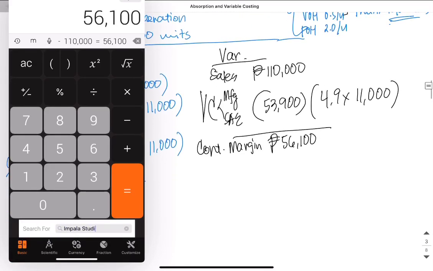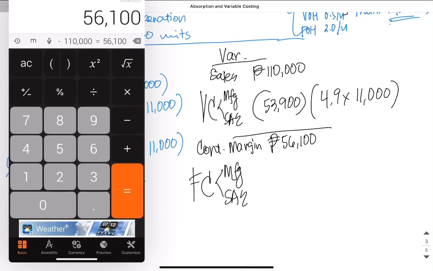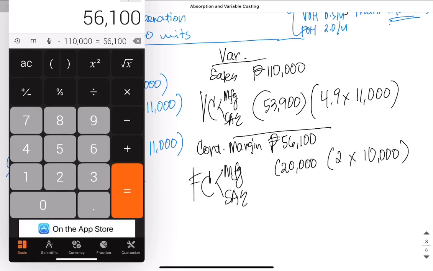What else? We have fixed cost, manufacturing, and selling and admin expense. Same again, 2 times the number of units produced, so 10,000 always. So this should still be 20,000. Next, for selling and admin expense, you have 6,000 again.